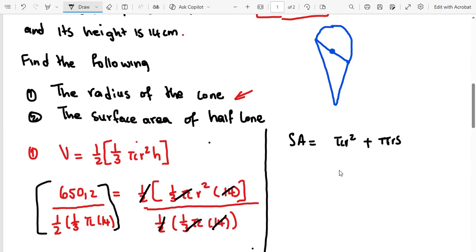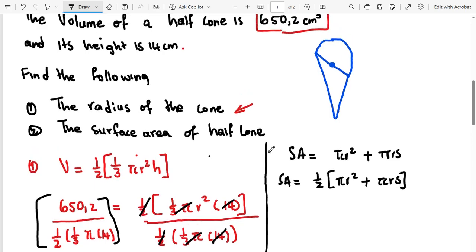Okay, so now when they're looking for the surface area of the half cone, it will be half of that pi r squared plus pi r s. Oh, this looks easy, né?